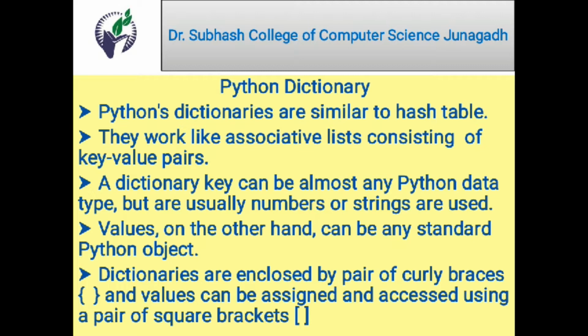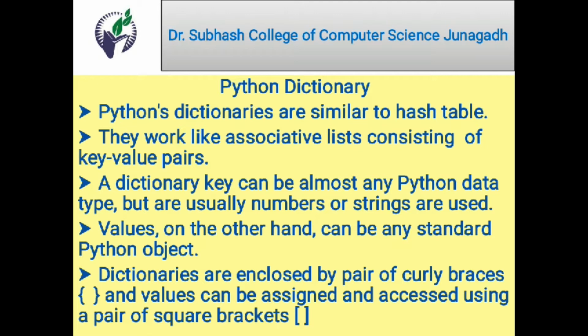We just find the value by using the key. A dictionary key can be almost any Python data type, but we usually use numbers or strings as the key, and values on the other end can be any standard Python object. That may be a number, a string, a list or a tuple.